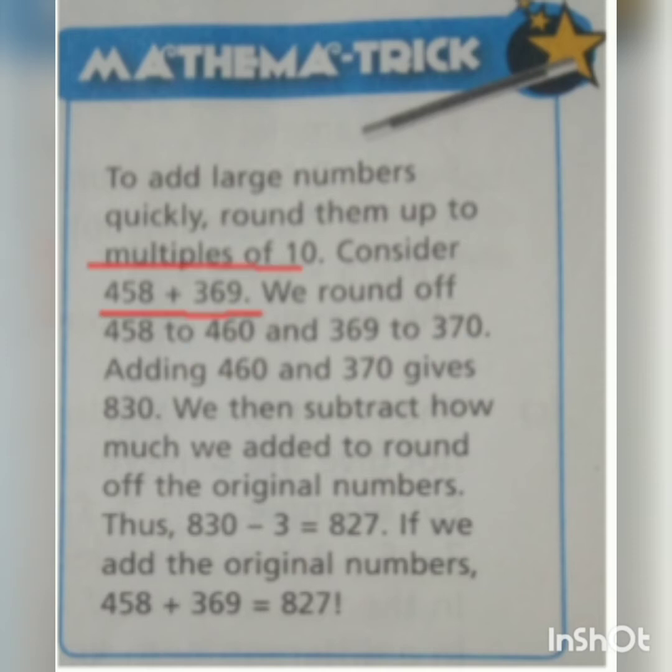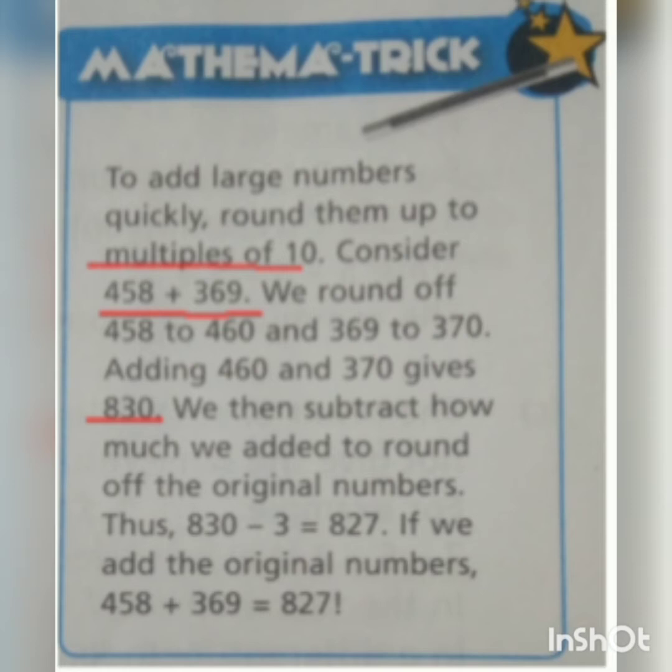We round off 458 to 460, and 369 to 370, both multiples of 10. Now add 460 and 370, which gives 830.